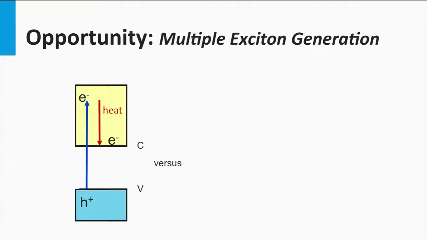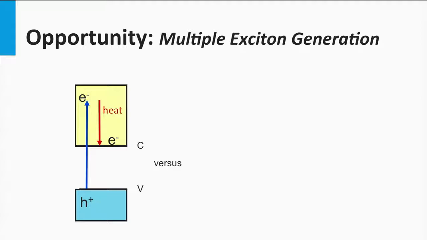Multiple exciton generation, abbreviated MEG, is another approach which can accomplish the excitation of more than one electron-hole pair per photon. The difference with spectral down conversion is that all fundamental energy conversion steps occur in the PV active layer.